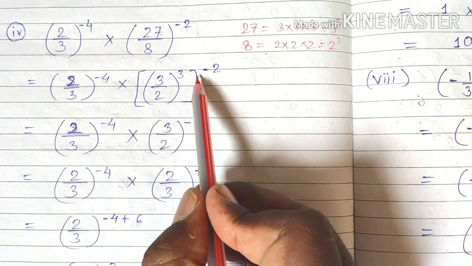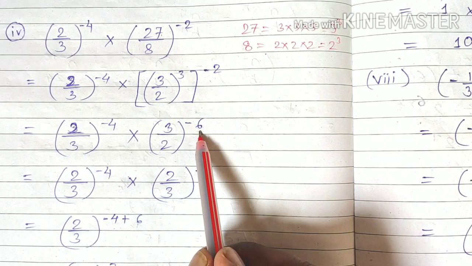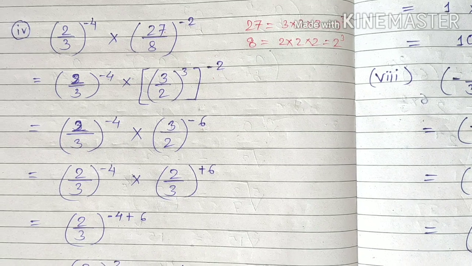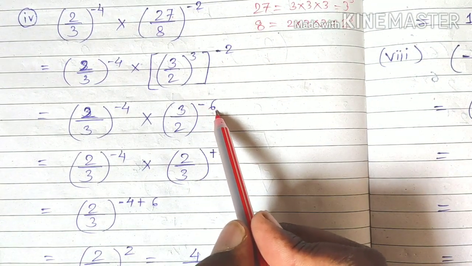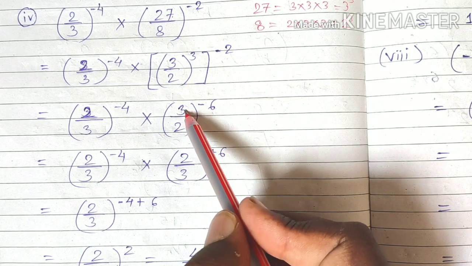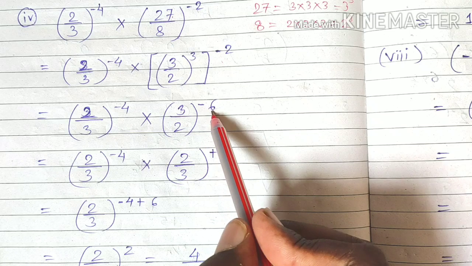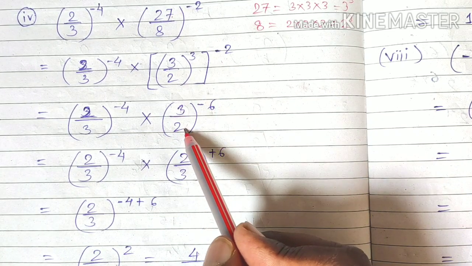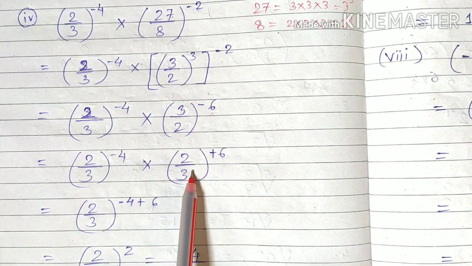Then by using the power law, 3 multiplied by minus 2 gives us minus 6. Got it? Then if we want to make this negative power a positive power, we can take a reciprocal of this. So it becomes 2 upon 3, and see this minus 6 becomes plus 6 as a positive power by taking the reciprocal of this number. Now the bases are equal.